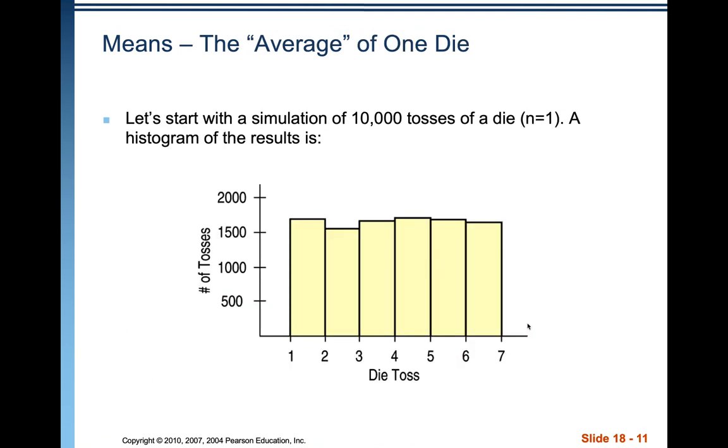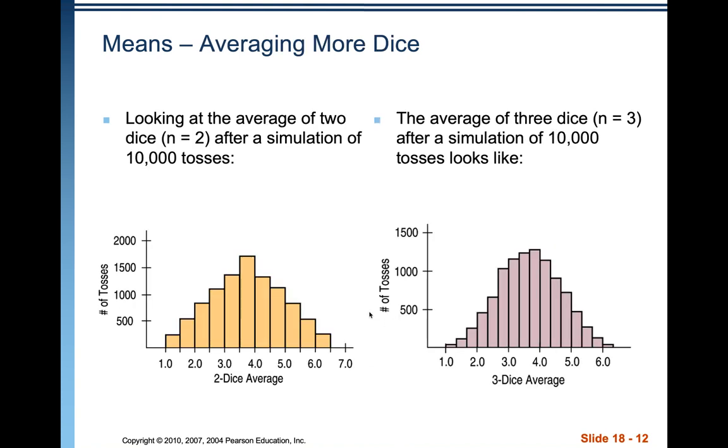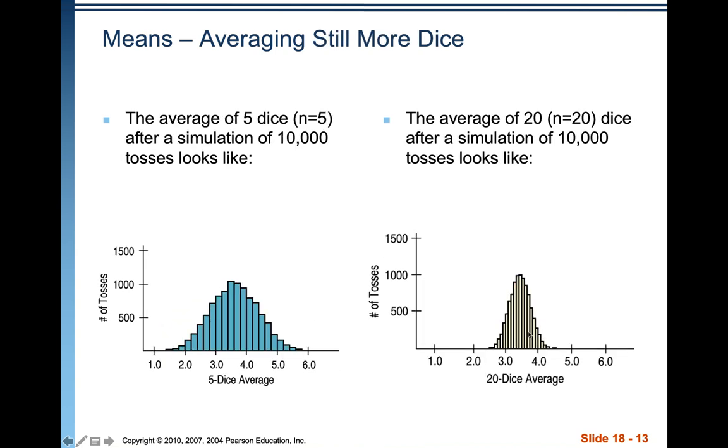Let's look at the spread, the variability. In the first one, where n equals 1, it's spread evenly throughout. Even with n equals 2, the middle values are more likely. You can see that the variability is getting a little smaller with n equals 3.